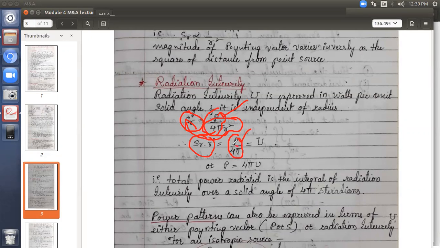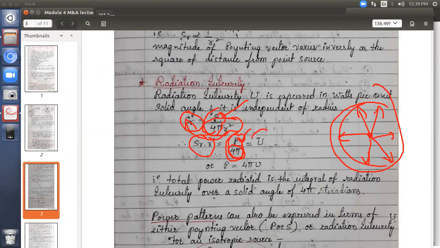P divided by 4 pi is for an isotropic point source. Remember, when does the 4 pi angle come? When it is a sphere. If your shape is a sphere, the 4 pi angle will come. So if a point source is kept at the center of the sphere, it radiates uniformly in all directions. So when you are taking all directions, the total angle covered is 4 pi. So this P by 4 pi is actually the radiation intensity U, or U naught as you take it.